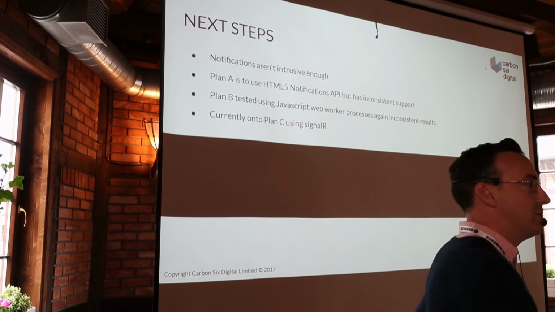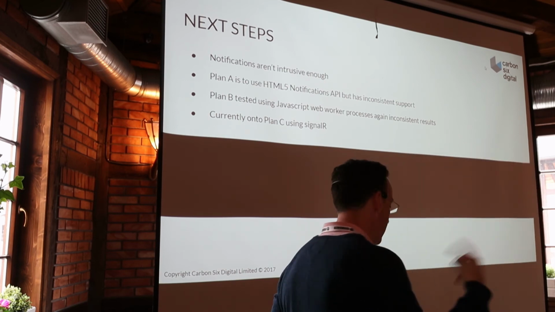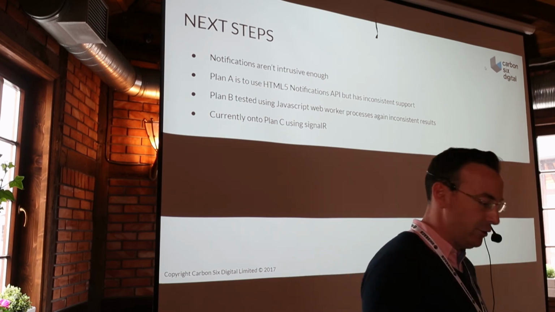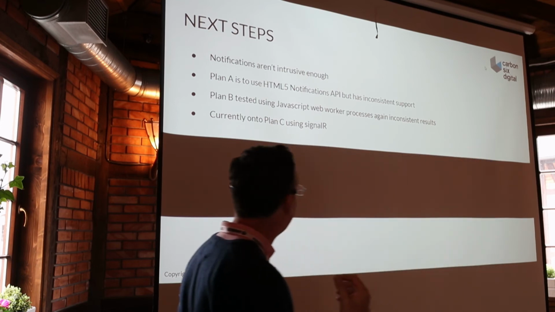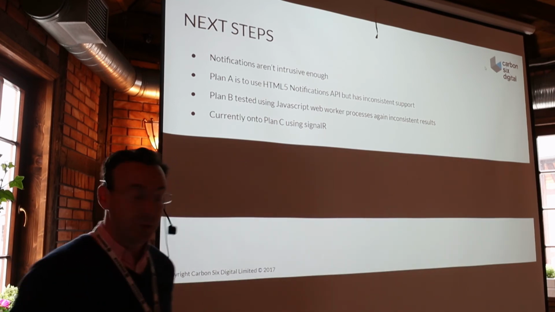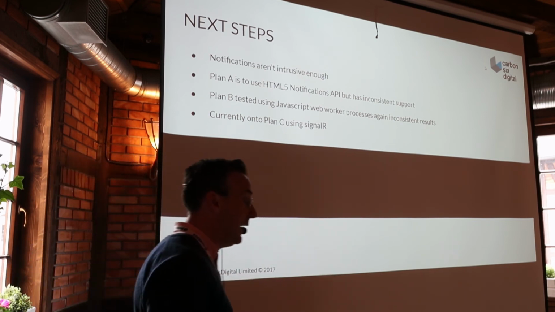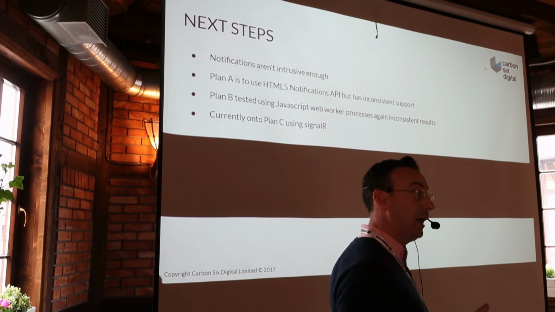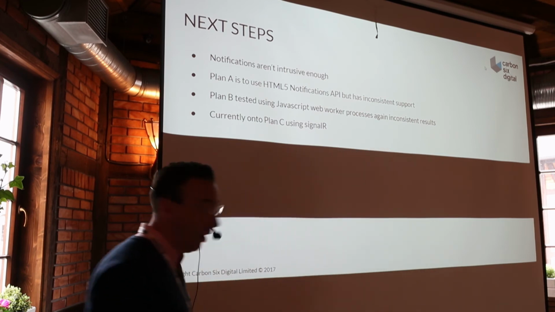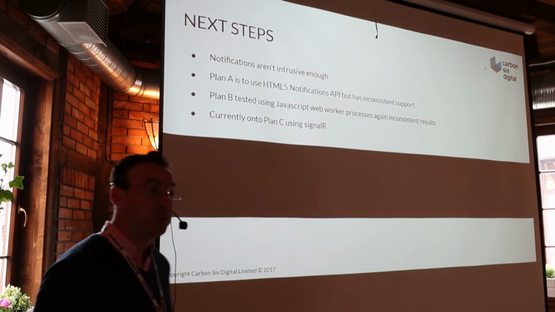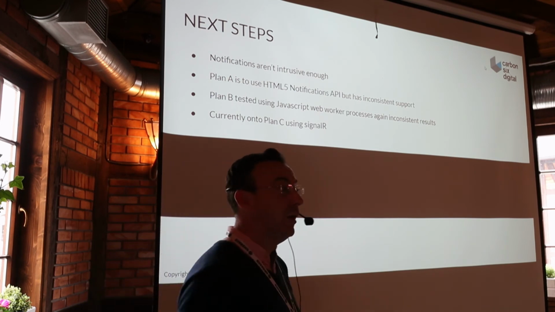So there's background processes running inside the browser, checking to see whether you've got any new notifications and popping those up on the screen. And then the next stage of the site that we're developing at the moment is a native mobile app wrapper for the intranet, essentially so that we can do push notifications out to phones.